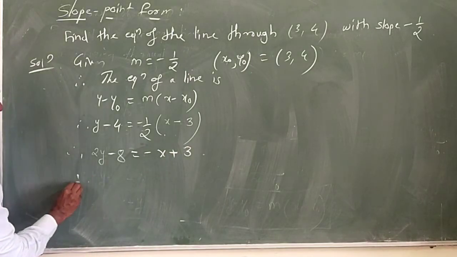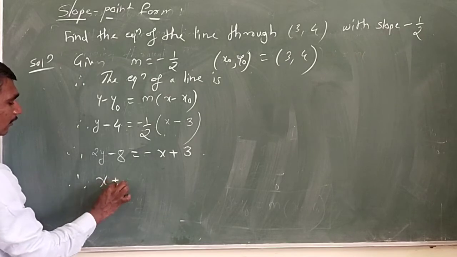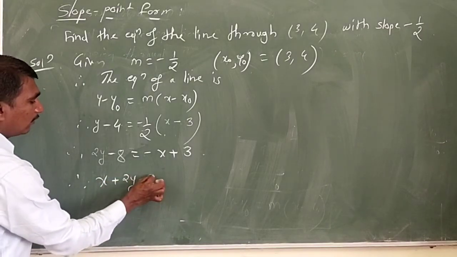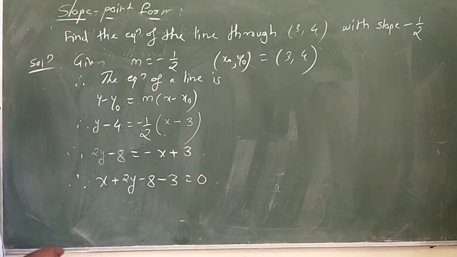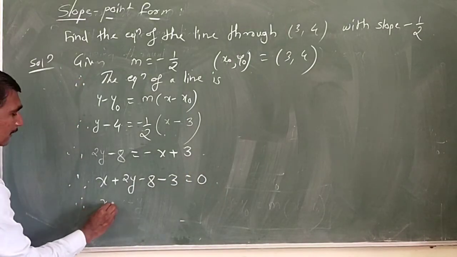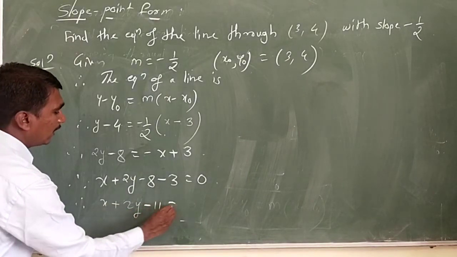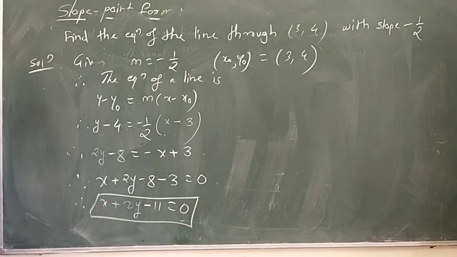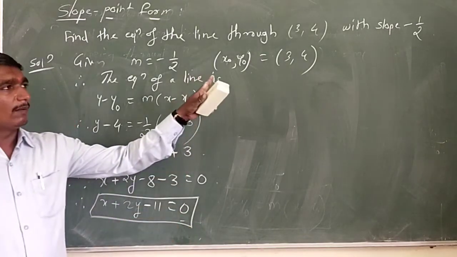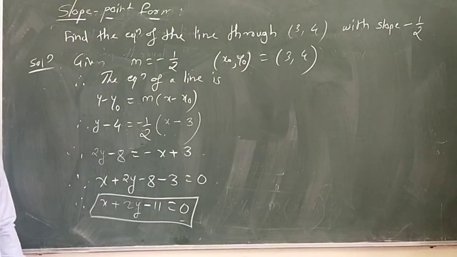Now take all the values to the left hand side: x plus 2y minus 8 minus 3 equal to 0. So therefore x plus 2y minus 11 is equal to 0, which is the required equation of the line passing through the point 3, 4 with slope -1/2.